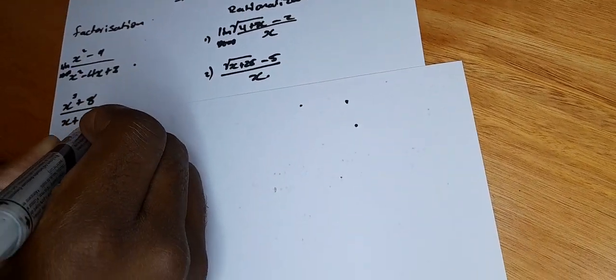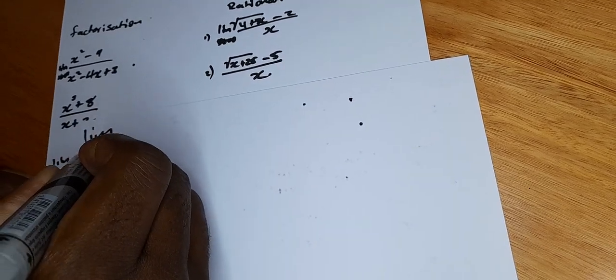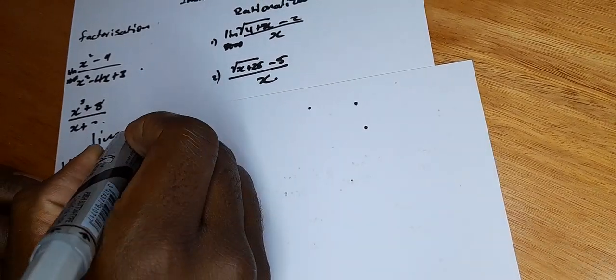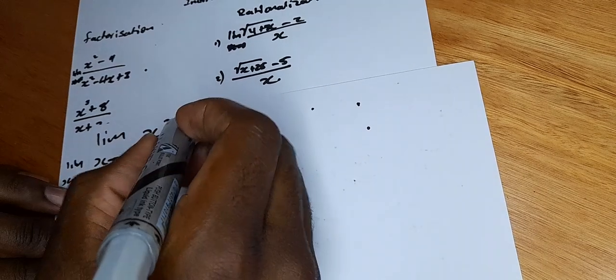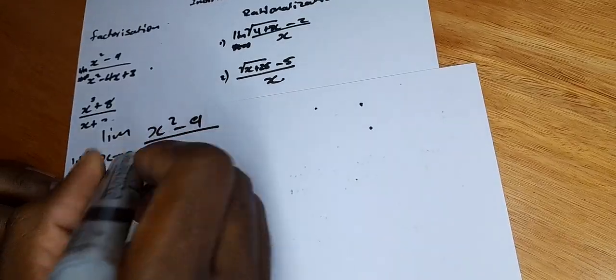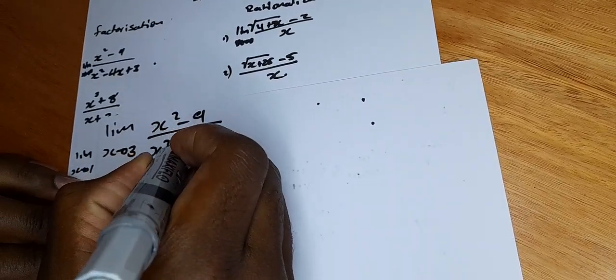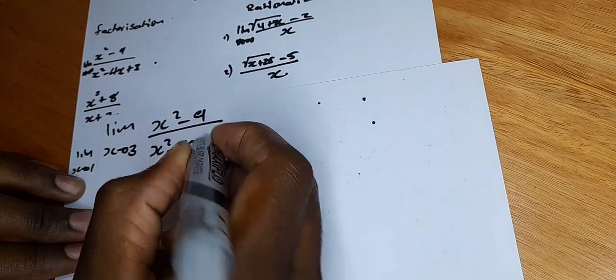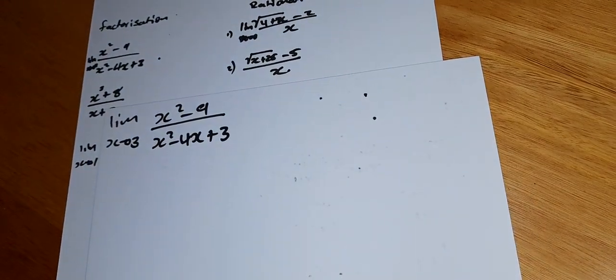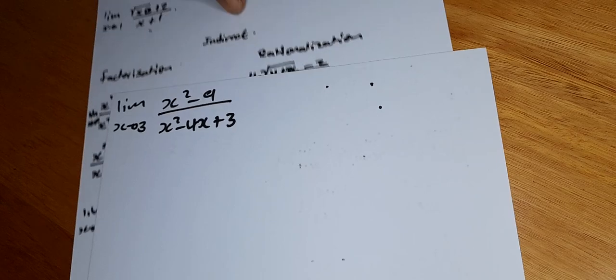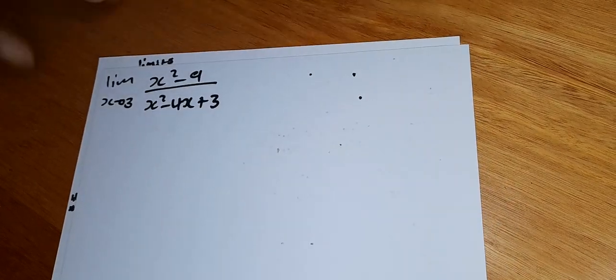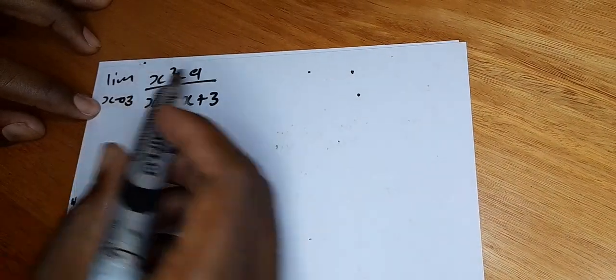So let us pick another example. The limit as x approaches 3 of x squared minus 9, all over x squared minus 4x plus 3. Remember, we said number one, you have to do a direct substitution. Let us substitute our 3 here.